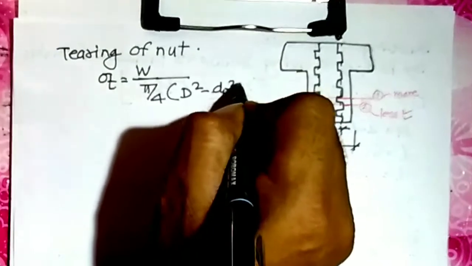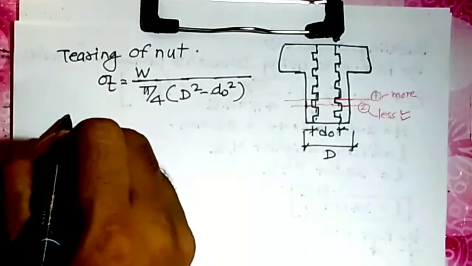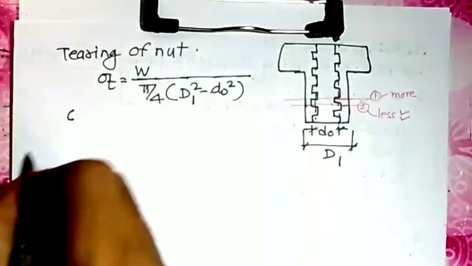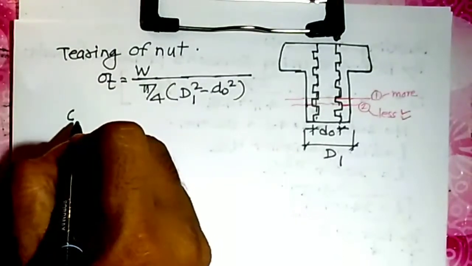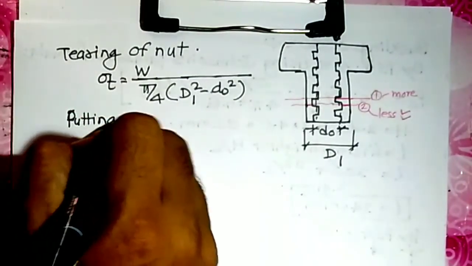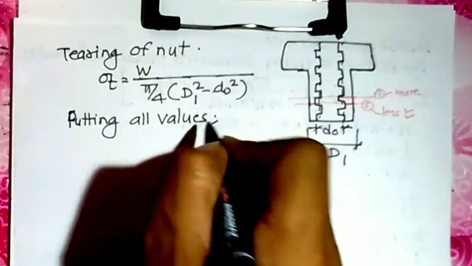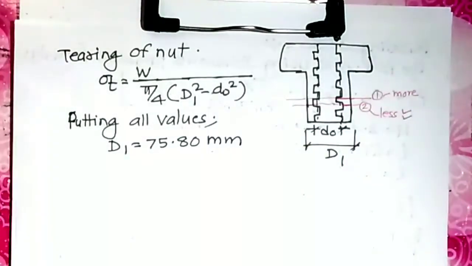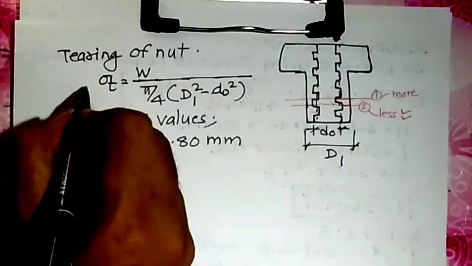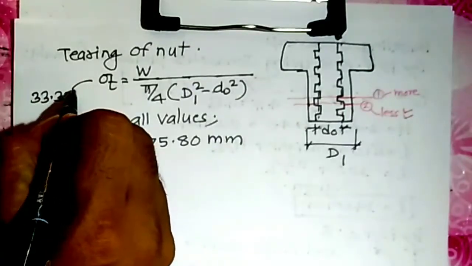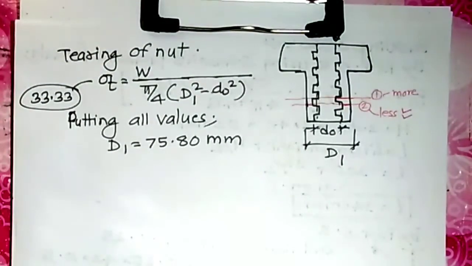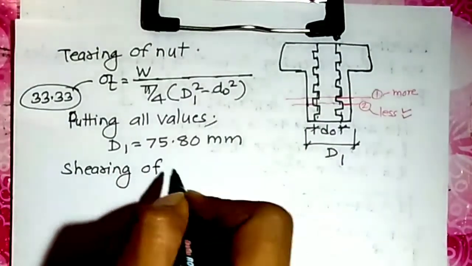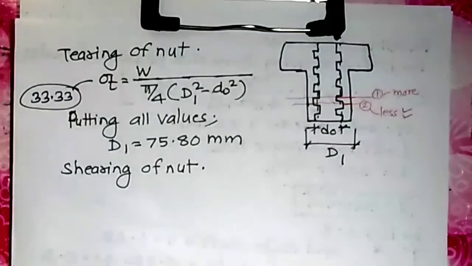The lesser area is between DO and D1. So the area resisting failure would be pi by 4 D1 square minus DO square. So sigma T is equal to W divided by pi by 4 D1 square minus DO square. So D1 is calculated here. By putting all the values, D1 comes out to be 75.80.